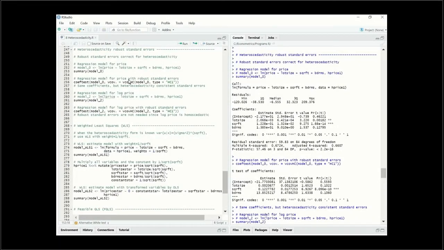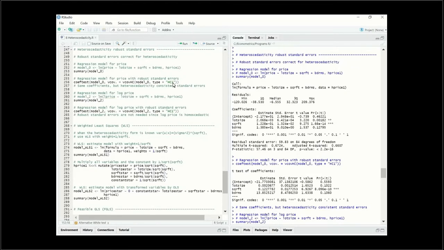So now if we want to estimate a regression model for price with robust standard errors, we're going to use coeftest, and then we're going to pick up this model 0 that we estimated here. This will be the variance covariance matrix that we're going to be using. And here we are going to use type HC1, which is heteroscedasticity consistent standard errors.